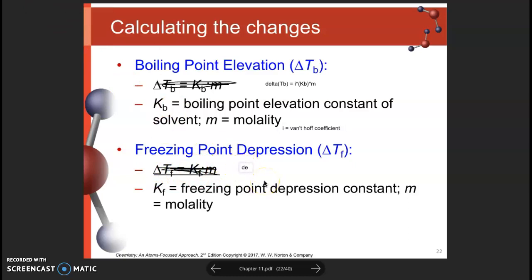It's our change in freezing point is equal to i times Kf times molality. And once again, i is the Van't Hoff coefficient.